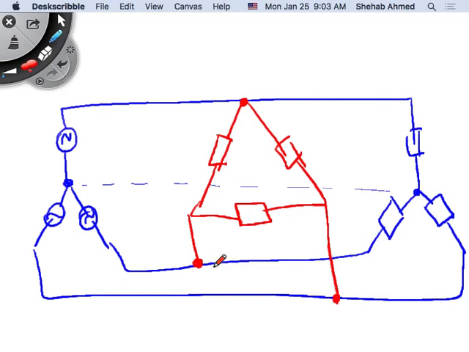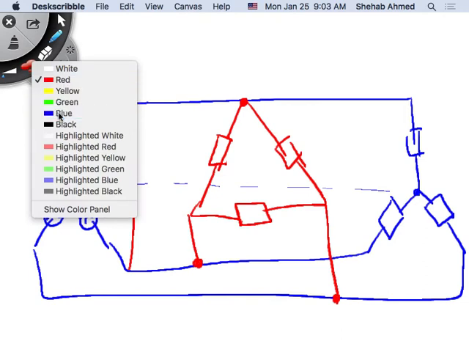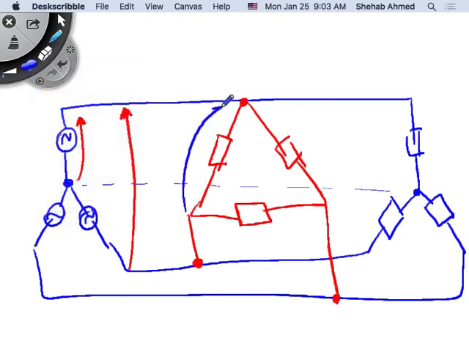Let's look at the relationships between the voltages and currents. This was my phase voltage from my generator, and this was my line voltage from my generator. Now what is the phase voltage for my delta load? It's the same as the line voltage for the star connected generator. So it's a bit annoying now. I don't know what to do.